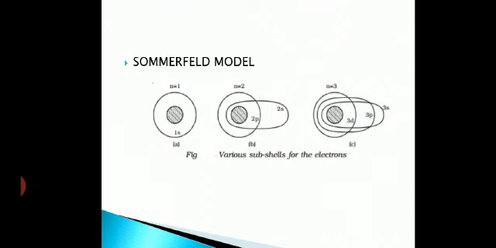So now, coming to the next thing, let me explain the Sommerfeld model once more. According to Sommerfeld, the path of an electron around the nucleus in general is an ellipse with the nucleus at one of its foci.